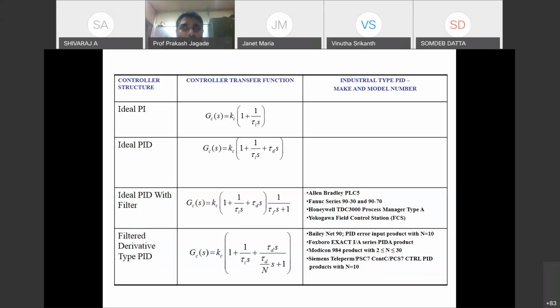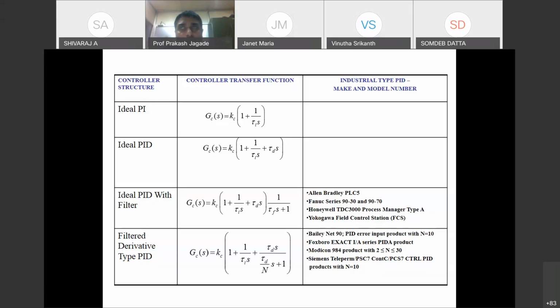If you see the second row, in the second row, first column, the structure has been named ideal PI, and the transfer function associated with that ideal PI controller is presented in the second column, which is Gc(s), the transfer function of a controller. It is represented as Kc into 1 plus 1 by tau i s. That's the transfer function of an ideal PI controller.